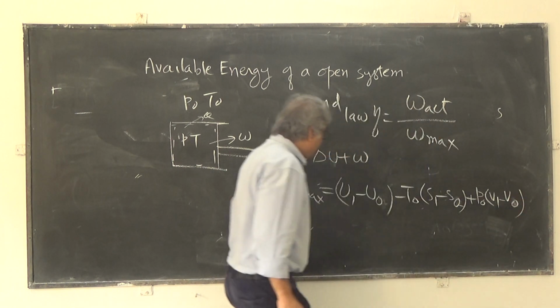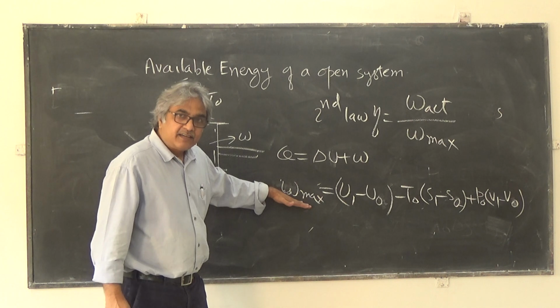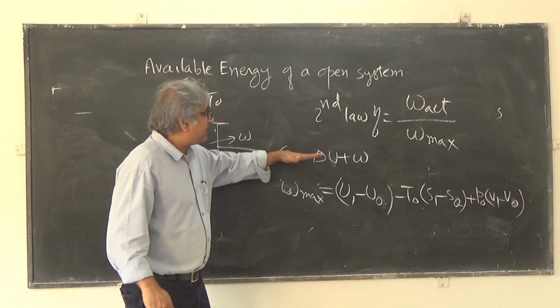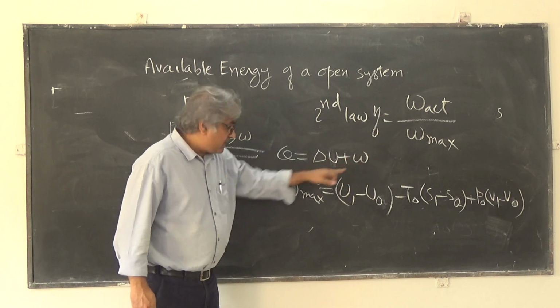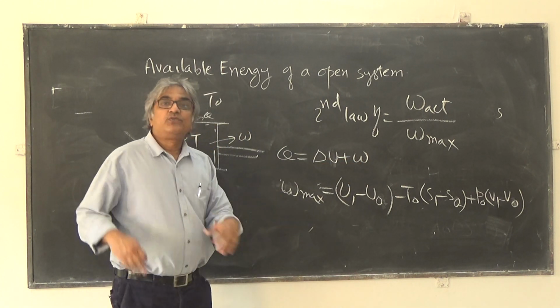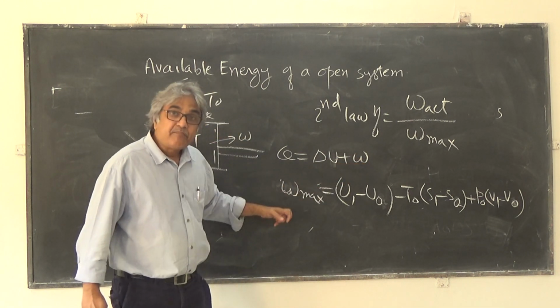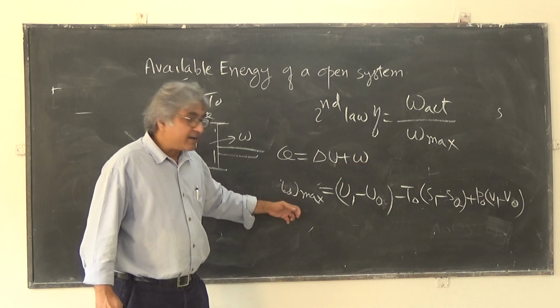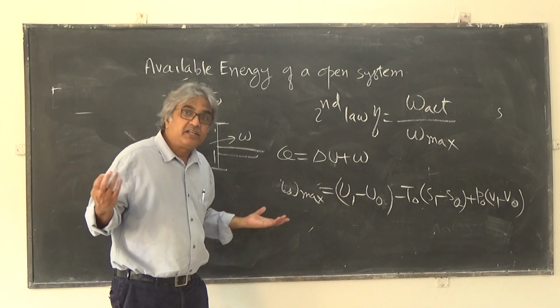Now, if you find out W max, obviously it is going to be much higher than this W. So actual work, upon W max, is your second law efficiency. Actual work upon maximum work. This is all theoretical work, please note, because we are running a Carnot engine there, and a Carnot engine doesn't exist.